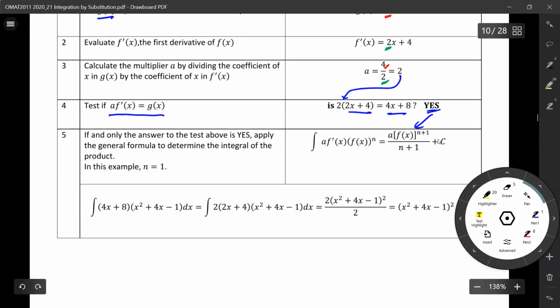So if I come here, you can see I've written it out in full. A, in this case, is 2. So this is what you start with, and that is equal to, if I underline this one, that's g(x).